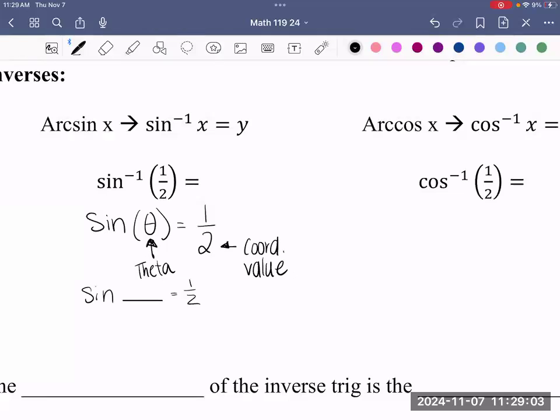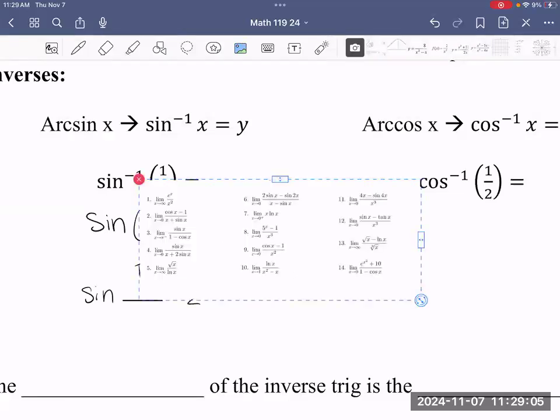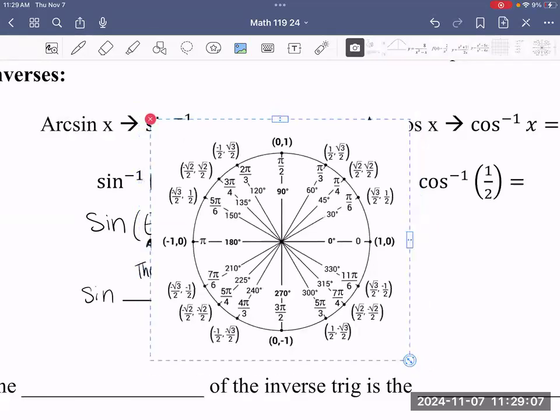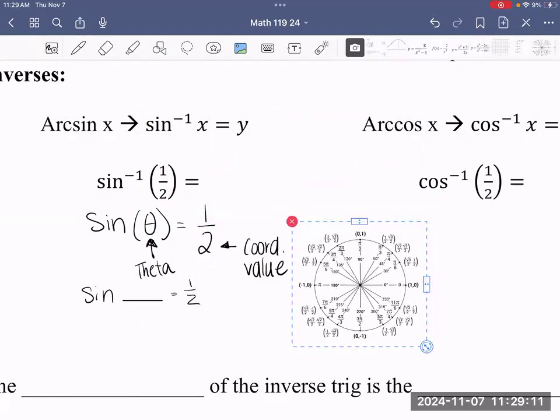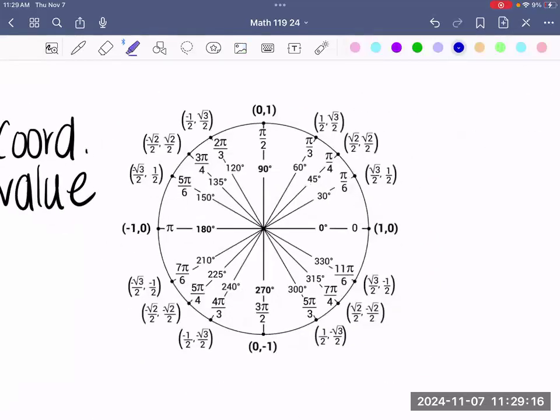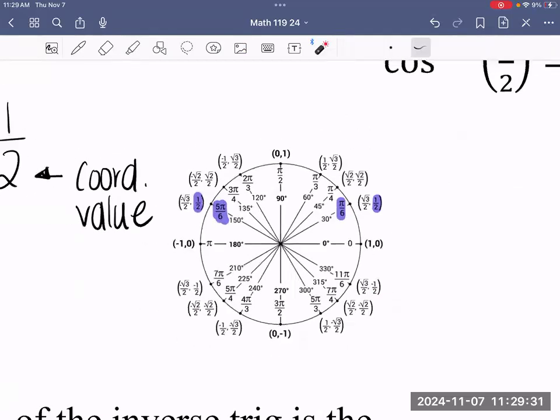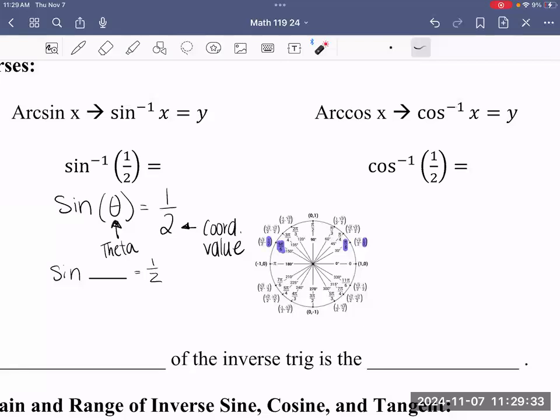Well, on your unit circle, can you figure out where sine is equal to 1/2? Sine is equal to 1/2 here at π/6. And where else can it be? We're looking for a positive y value, so again at 5π/6. These other ones are negative, and we are not looking for the negative. But keep in mind your restriction.